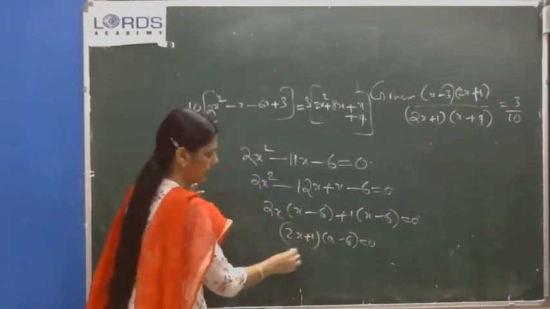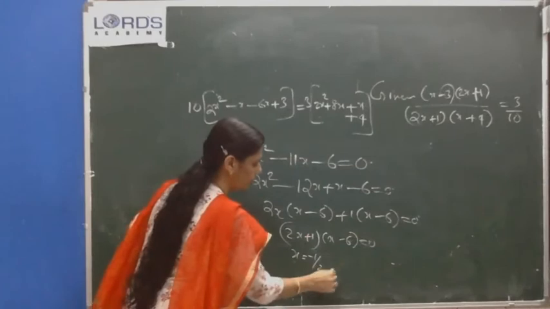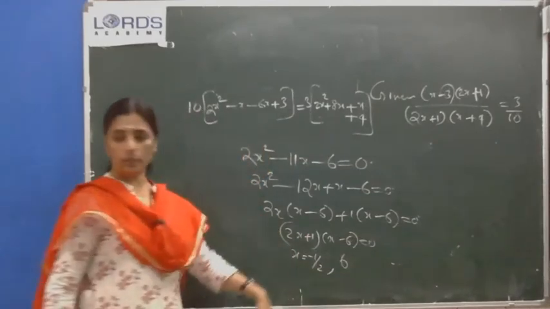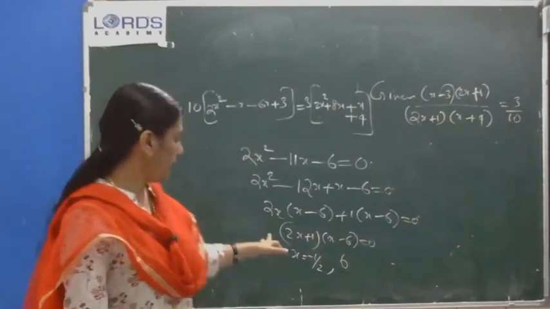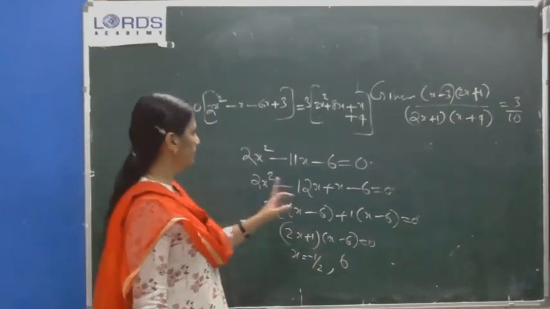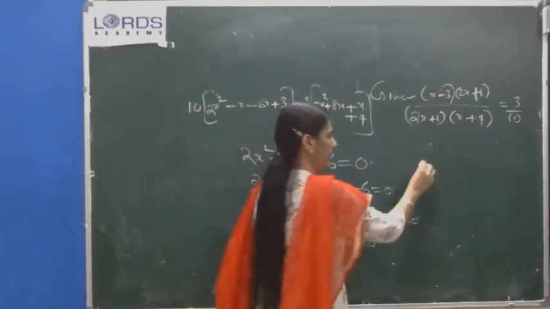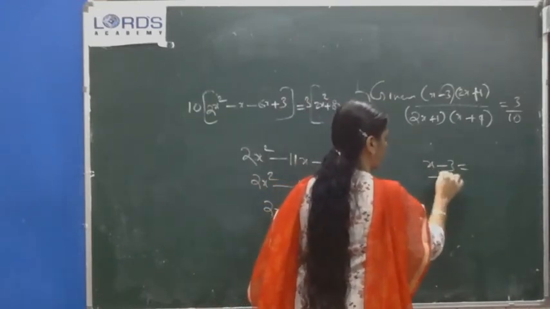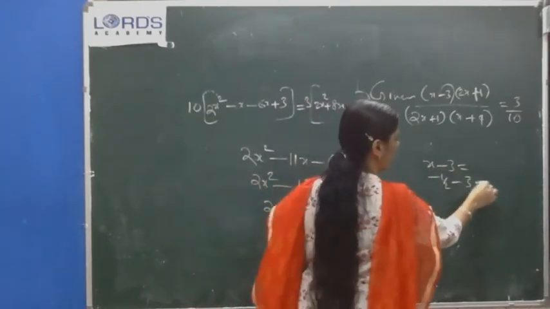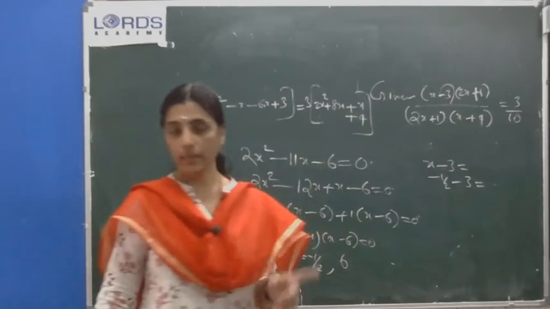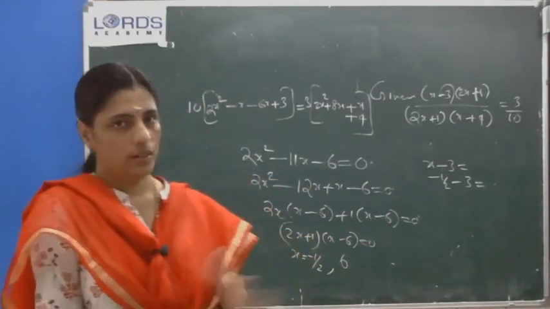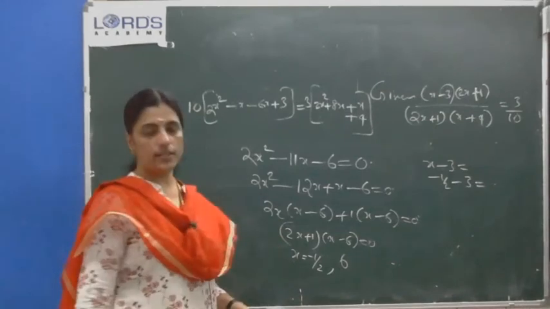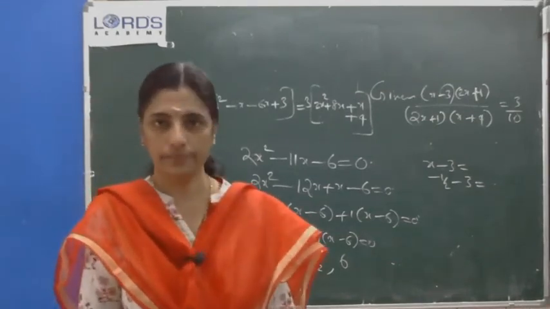So x is equal to minus 1 by 2, x is equal to 6. X equal to minus 1 by 2 is inadmissible, because x minus 3 stands for number of people and it cannot be a negative number. So x is equal to 6 is the answer.